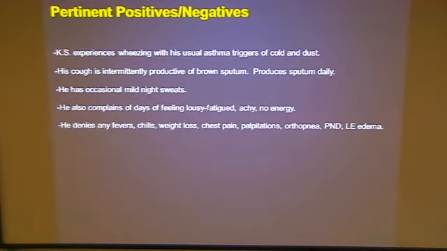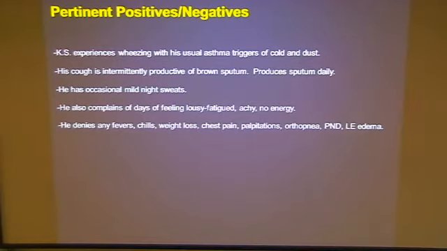As all good history takers, you want to go through your pertinent positives and negatives. Besides the cough and dyspnea, he was wheezing, and this occurred with his usual asthma triggers, which were cold air and dust. His cough was intermittently productive of brown sputum, and he was producing sputum daily. He also had occasional mild night sweats, and he had these days of just feeling lousy.